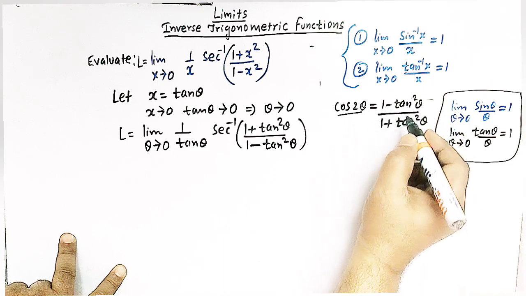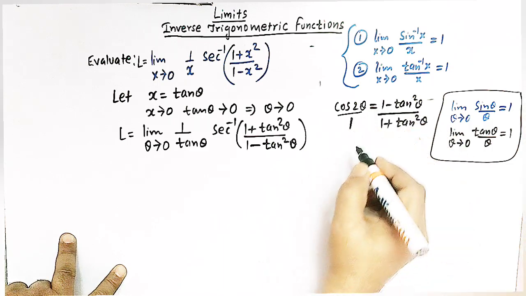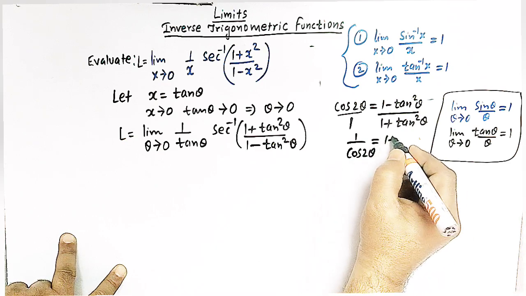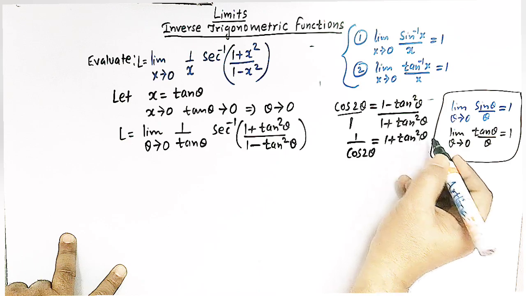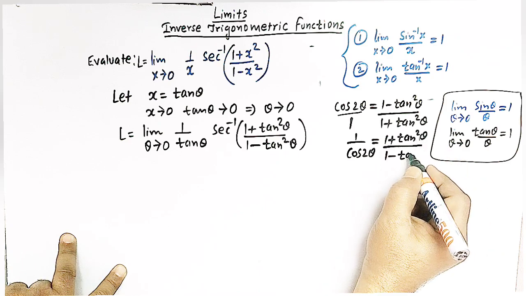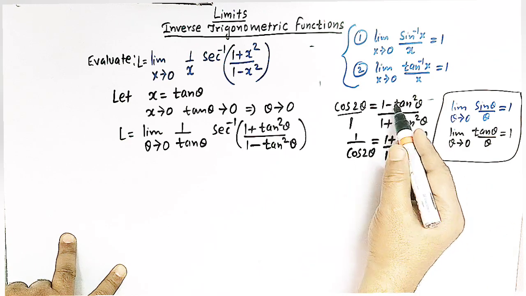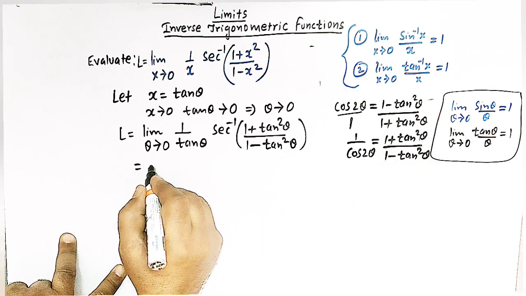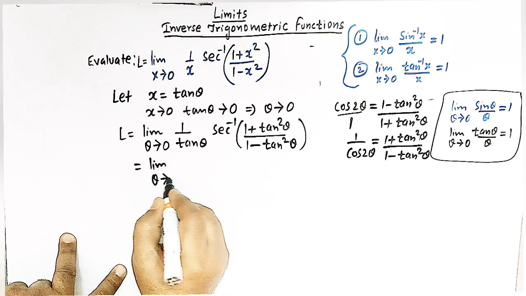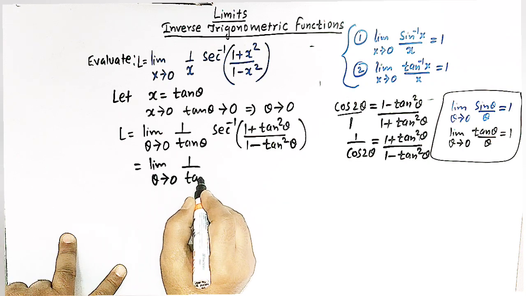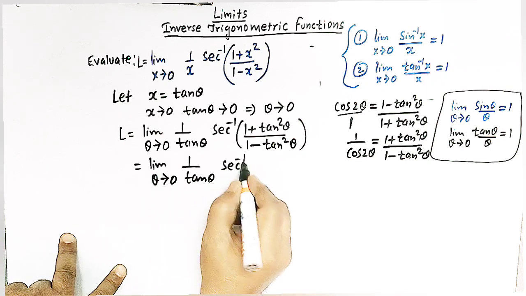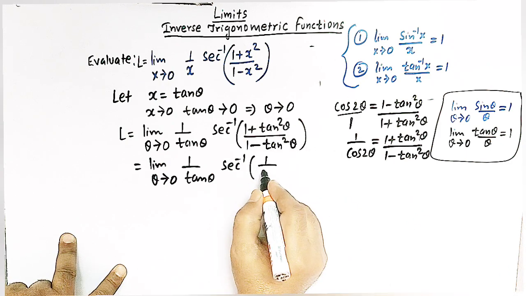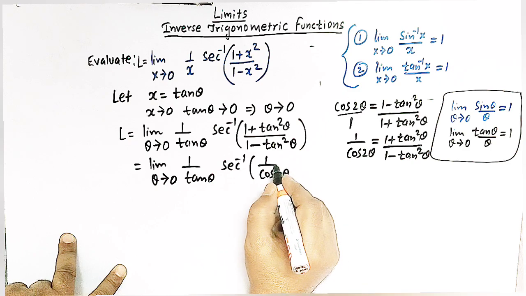So let us take the reciprocal. So 1 over cos 2 theta is given by 1 plus tan square theta divided by 1 minus tan square theta. So inverting this fraction here, we have now a limit theta tends to 0, 1 over tan theta, and here we have secant inverse, and this expression is now equal to 1 over cosine 2 theta.